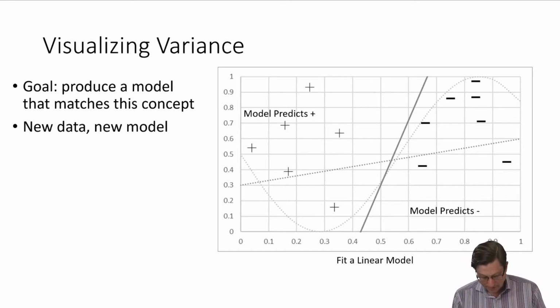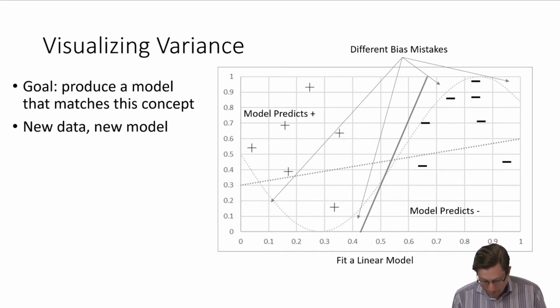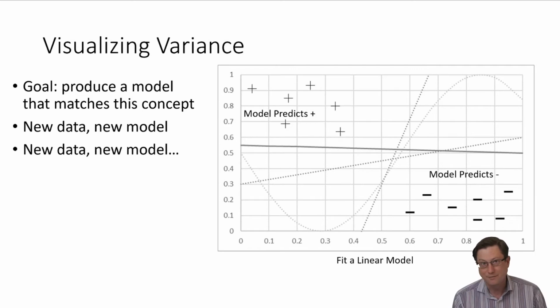In this case, the bias mistakes have moved to this region where you don't have training data, this region and this region. Those are mistakes that, as you try to estimate the generalization accuracy of this new linear model, you're going to find you're making if you have enough testing data. They're different. It learned the concept a different way, but it still learned it wrong.